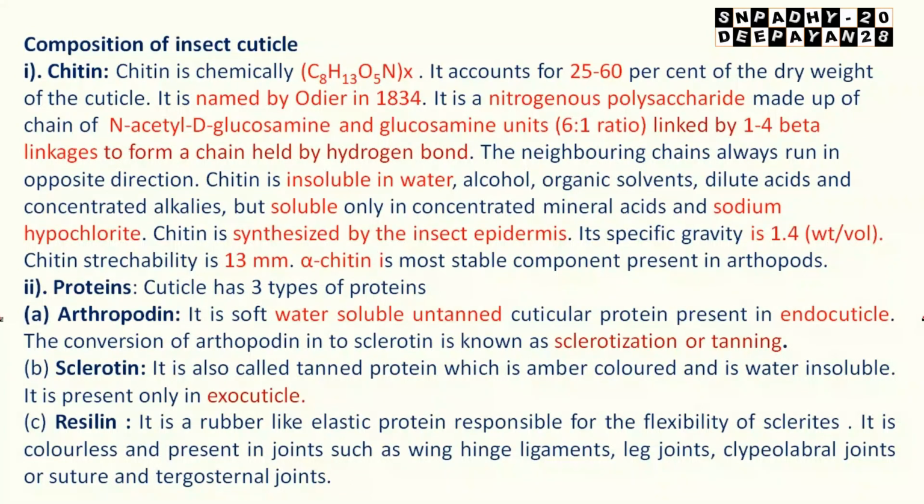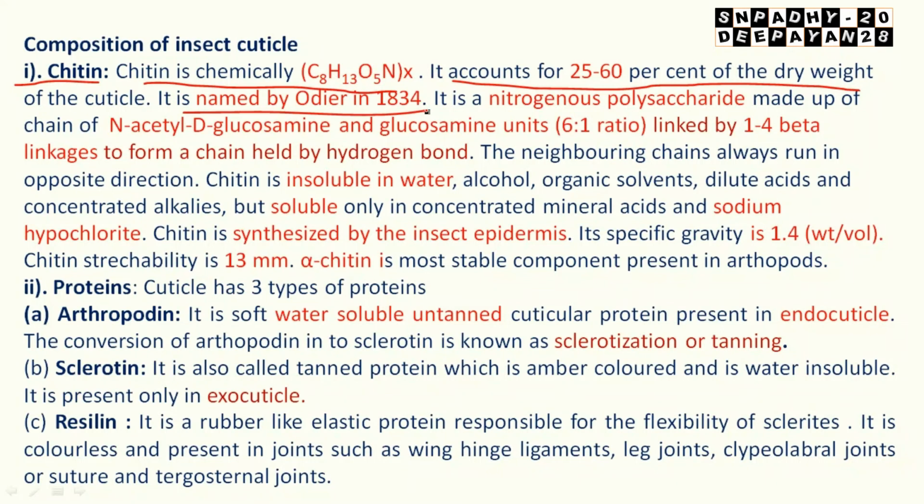Okay, now come to the composition of insect cuticle. It is an important question. First one is chitin. What is chitin? Chitin is chemically C8H13O5NX. It accounts for 25 to 60% of the cuticle on dry weight basis.